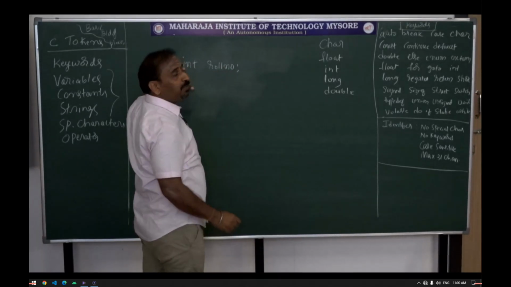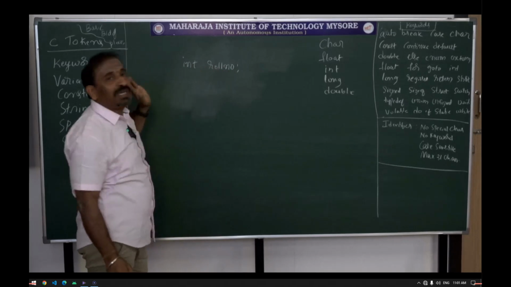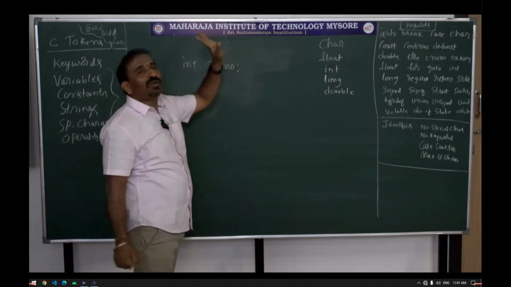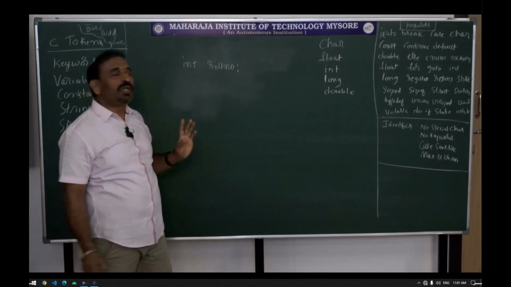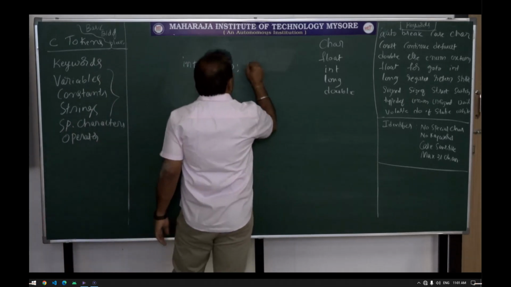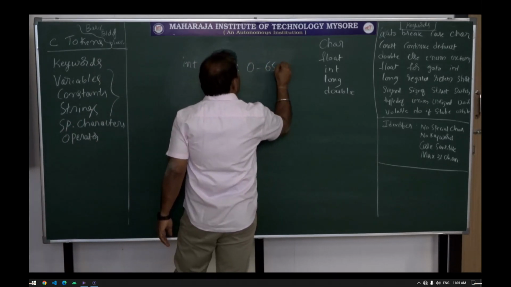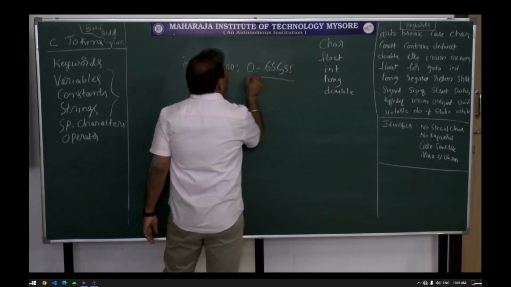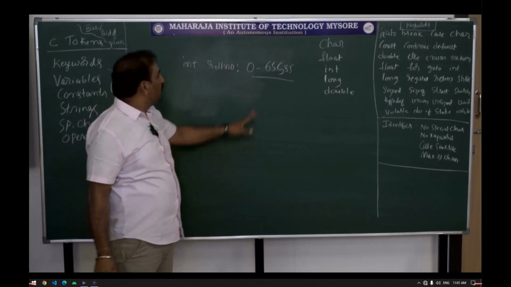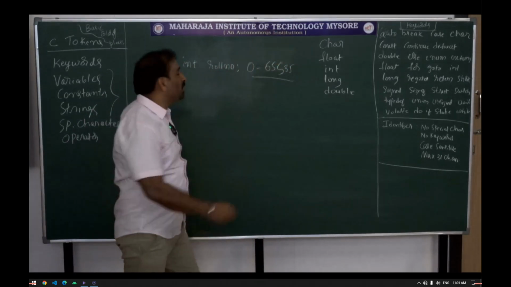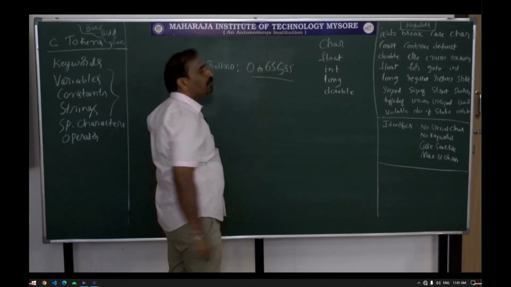In this case I have not mentioned anything, so roll number is an integer. It means it can take any number from 0 to 65,535.